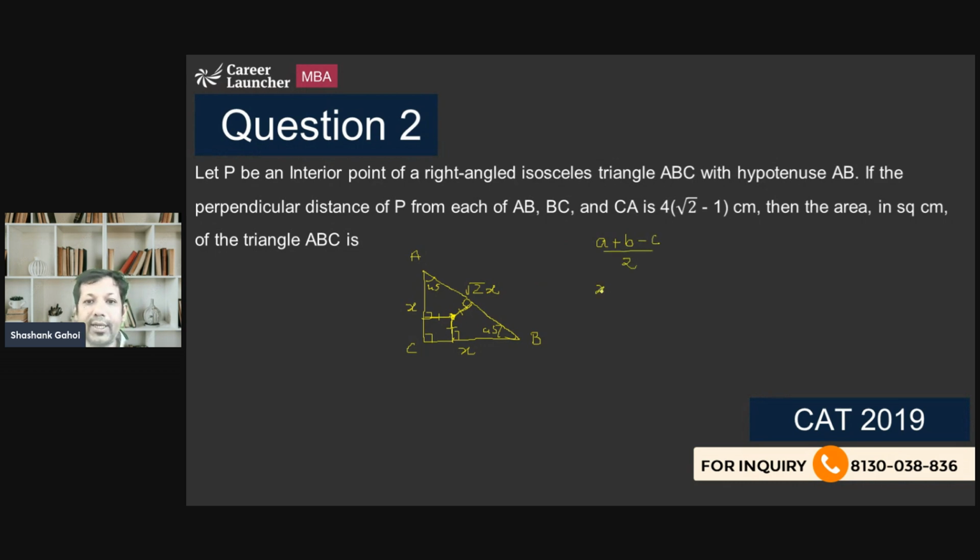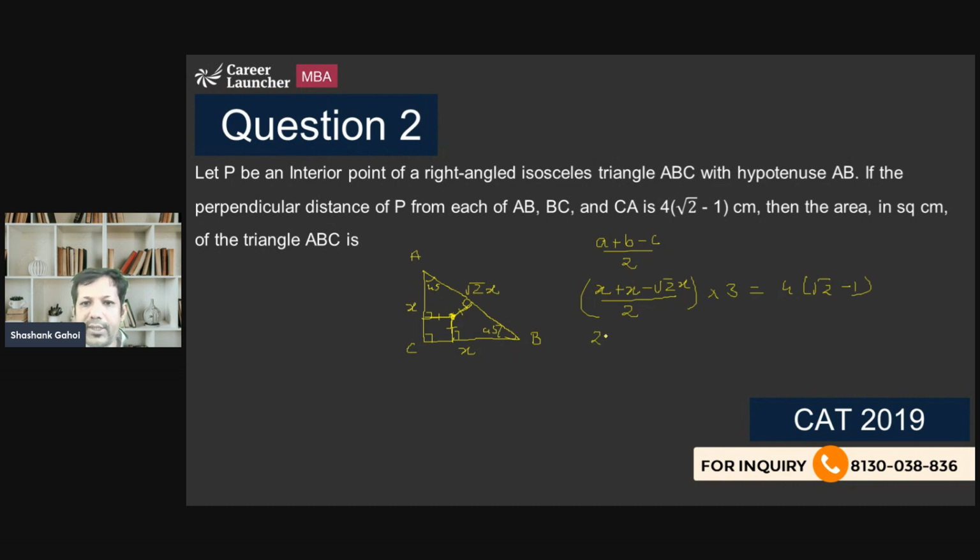So that is going to be x plus x minus root 2x divided by 2. Now this is one length. So 3 lengths are going to be into this, and that is equal to 4 times root 2 minus 1. So from here, I am directly multiplying with 2 on this side.